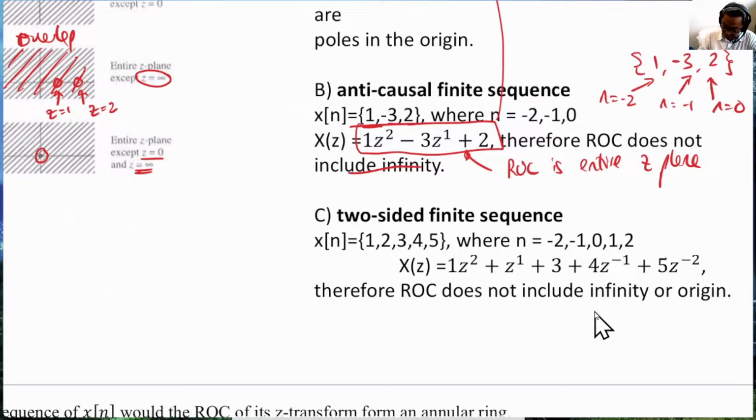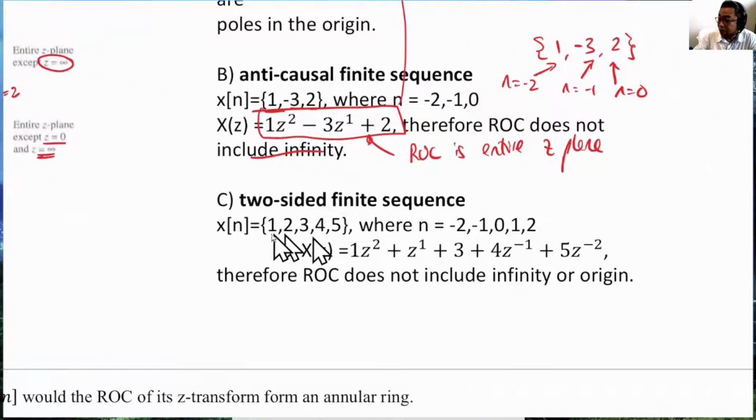So I give you an example. We have 1, 2, 3, 4, 5. Then actually I should write it this way. And then to tell you where the index n is, I have that little arrow to say this is n equals 0 for number 3. Index 1 for number 4, index 2 for number 5, index minus 1 for the value 2, and index minus 2 for the value 1.